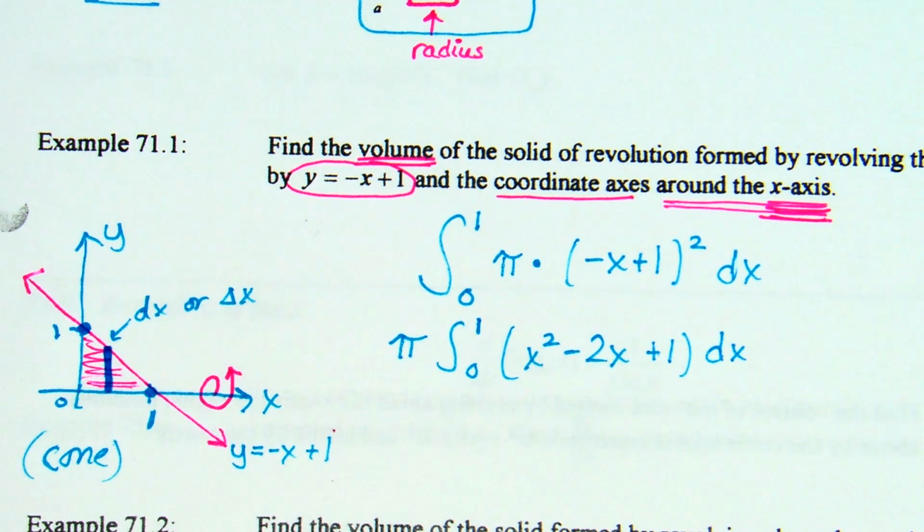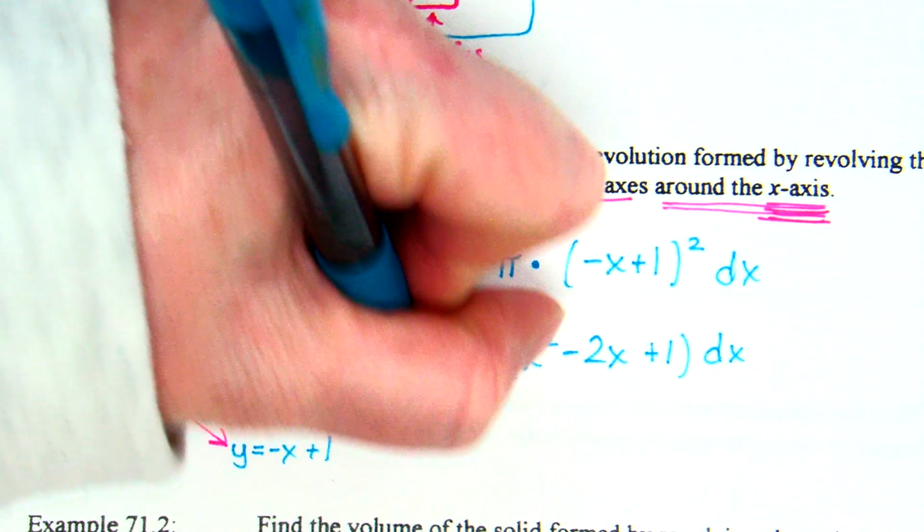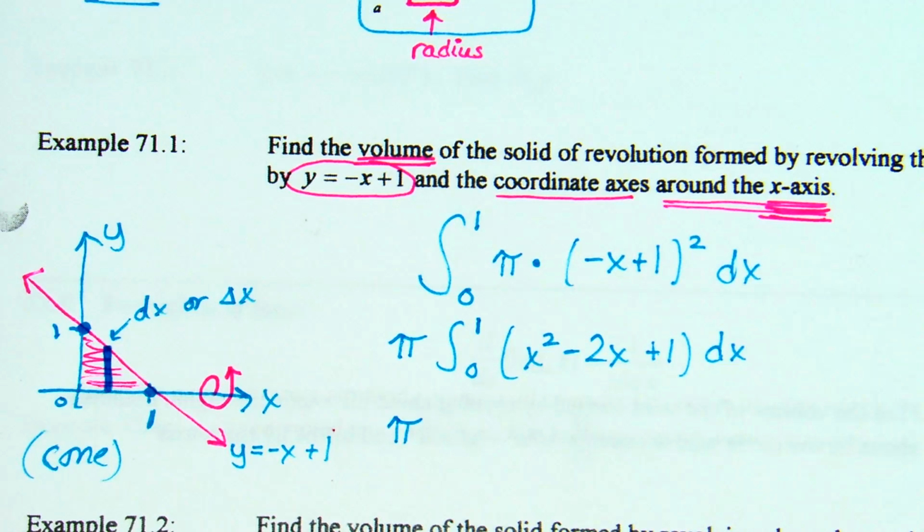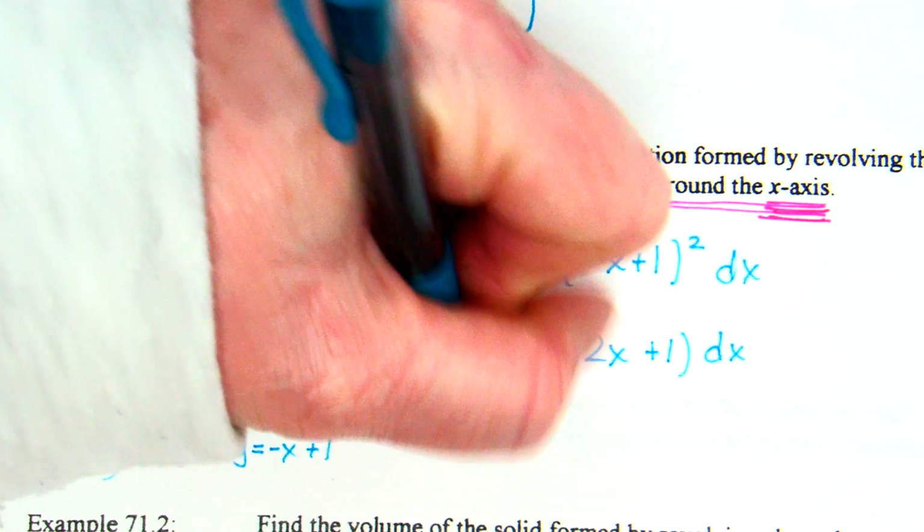We need to keep practicing this by hand because these have been rough on tests, guys. So my pi carries down. It's an integral. That means my powers are going up. What's the integral of x squared? 1/3 x cubed. Are we okay with that? Add 1 to the power and divide by the new power.